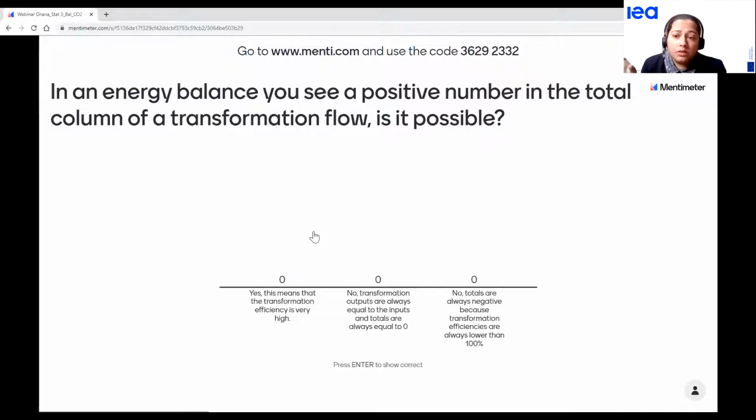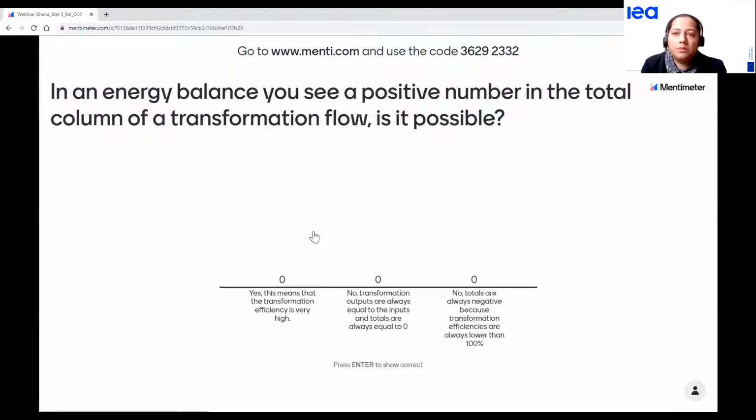In the total column, you have a number there, which is usually the sum of the rows, which is the input and the output. Is it possible there to have a positive number, knowing that in the transformation sector, the input is a negative number and your output is a positive number? So when you sum the two, you might get a positive or a negative number.